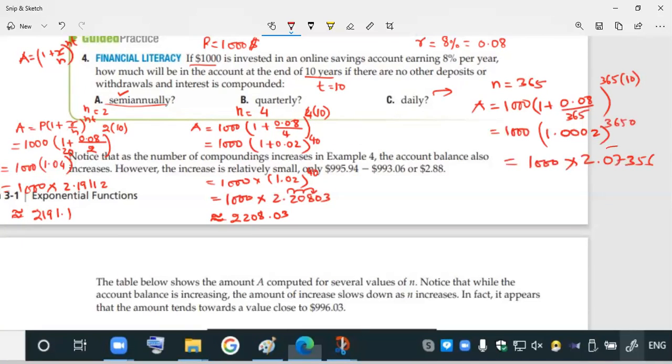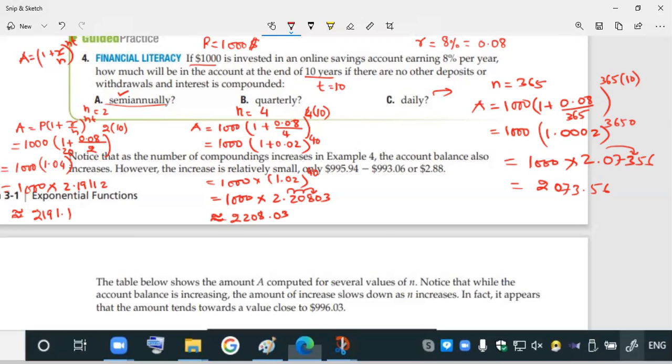When you multiply this, the decimal will move 3 places. So it is 2073.56. But 365 days should give more than 2208. There is a mistake in calculation.